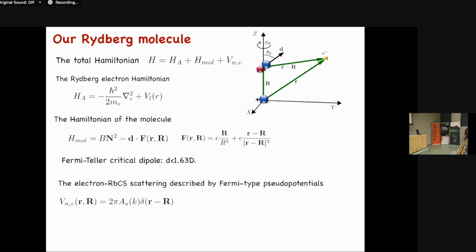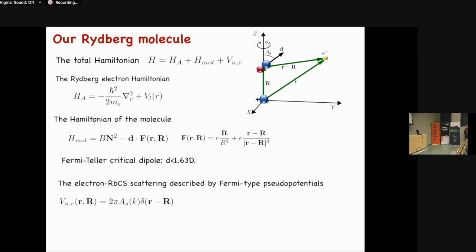The molecule itself, the small molecule itself, is not oriented. It's oriented and rotating due to this electric field induced by the core and the Rydberg electron. And that's what this partial wave is showing, Johannes. The fact that I am not keeping in one partial wave shows that the molecule will be oriented, either away or towards the core.